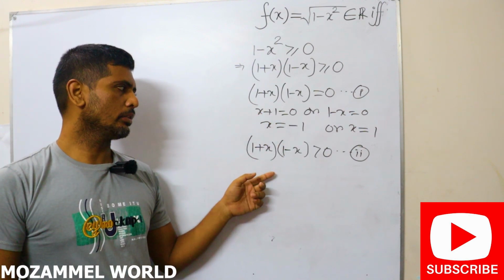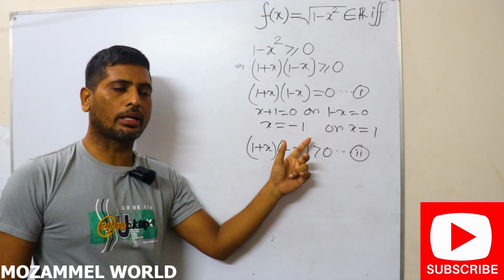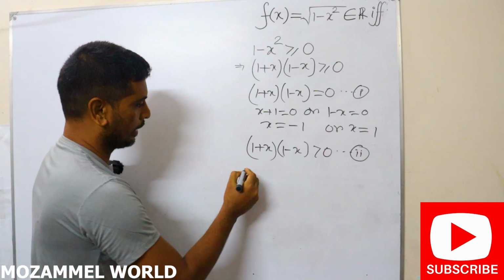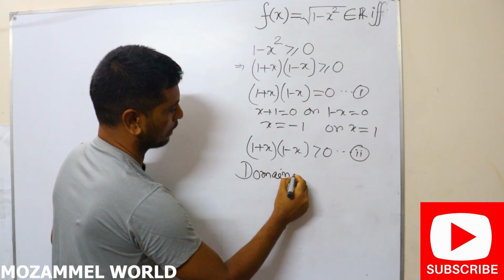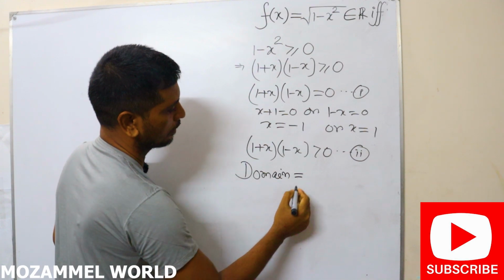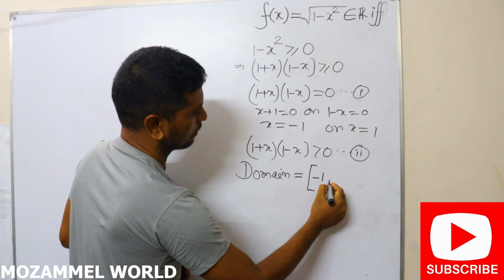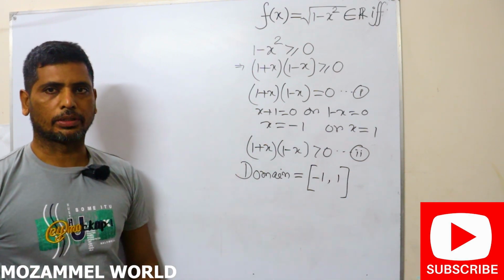The domain is minus 1, plus 1 and the numbers that lie between them. Our domain is minus 1 to plus 1. This is our domain.